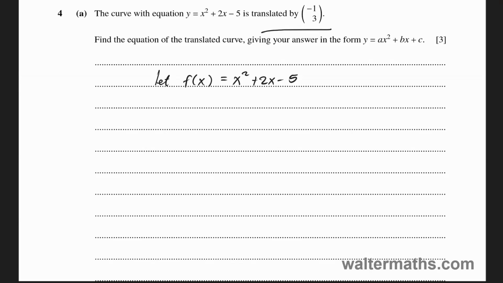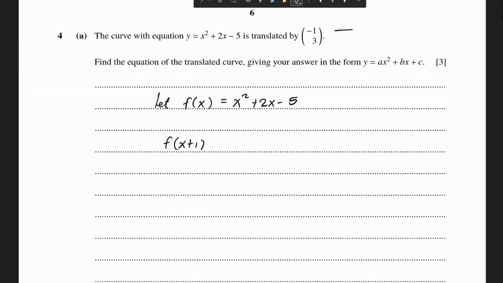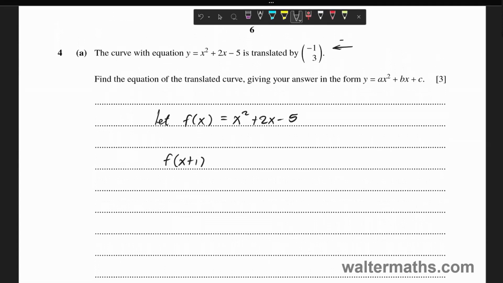These translations can be written in function notation. The horizontal translation by negative 1 we write as f of x plus 1. Remember, if it is a horizontal translation, then you use the opposite sign. If it's going to the left by 1 unit, in function notation you have to put a plus 1. So that's how it works.